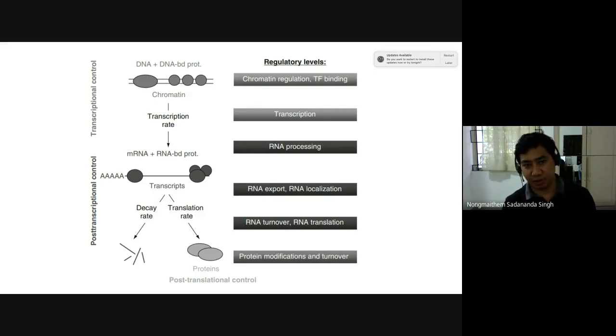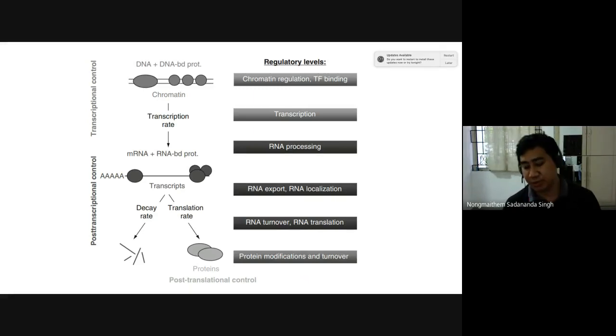We talk about alternate splicing, which can change depending on the tissue and depending on the condition, depending on the stress level that the cell comes across. And then once it is exported out, we talk about the ribosomal RNA maturation, which depends on the nutrient status.